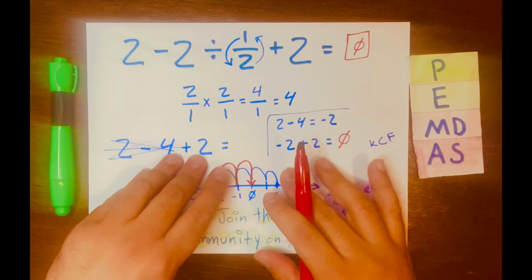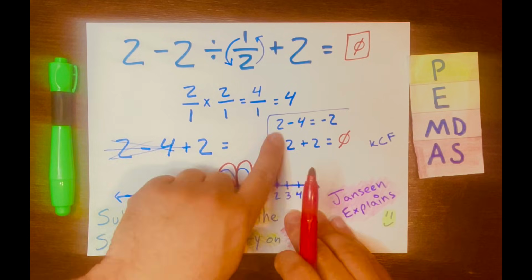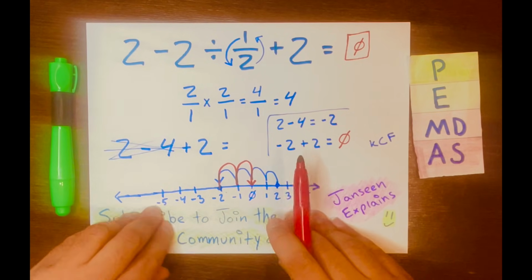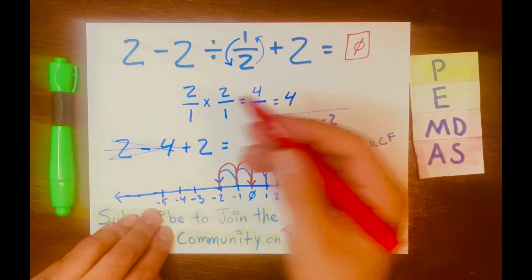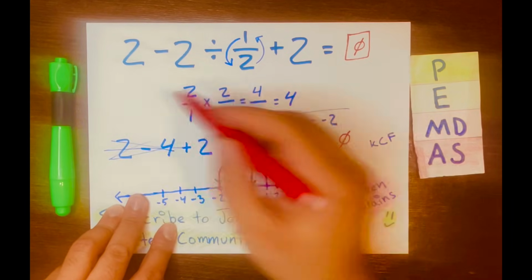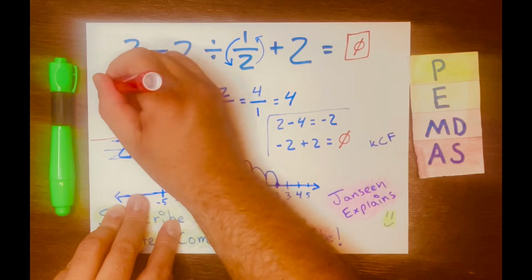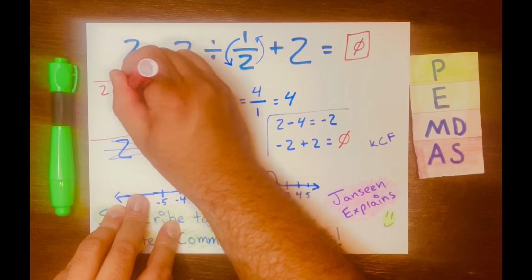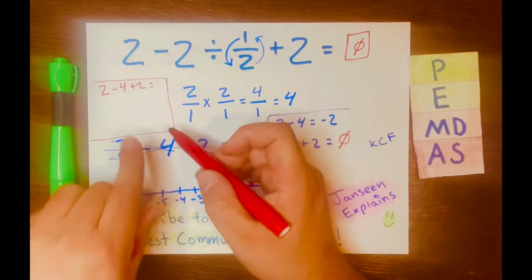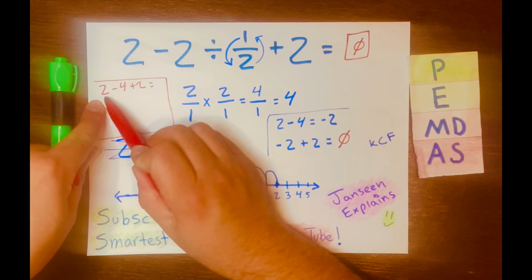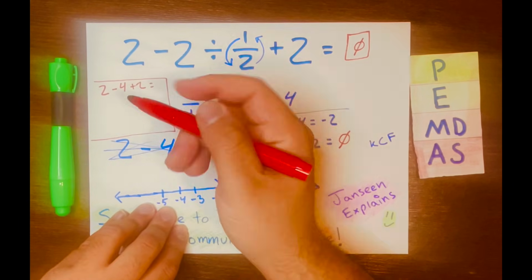Now, before you go, there's another way you can subtract this, and I am going to use the red. So let's use this space, 2 minus 4 plus 2 equals 2 minus 4, just subtract.